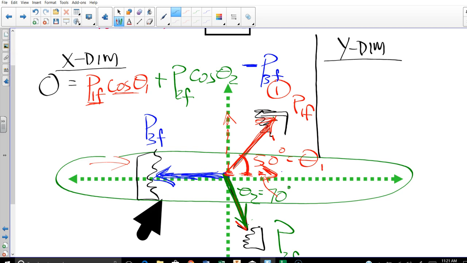In fact, we'll just leave it like that for now. But it does not have to be 0. The total momentum does not always have to be 0, just because this object, in this case, started at rest. Momentum piece number 3 does not factor into the y dimension because it's all on the x. So there's only 2 of them.